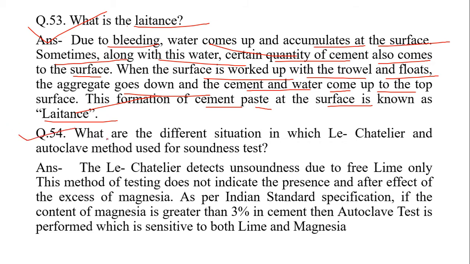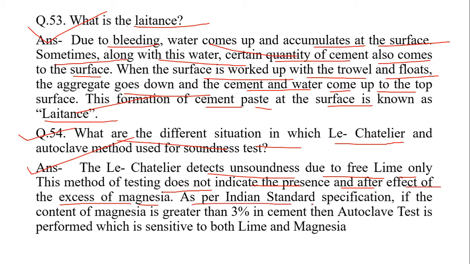Question number 54. What are the different situations in which the Le Chatelier and autoclave methods are used for the soundness test? First of all, Le Chatelier detects unsoundness due to free lime only. This test does not indicate the presence and after effect of excessive magnesia.